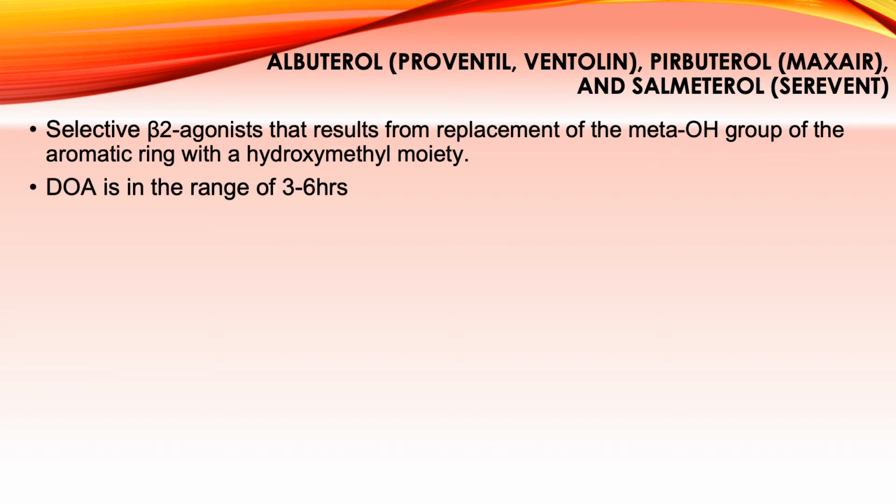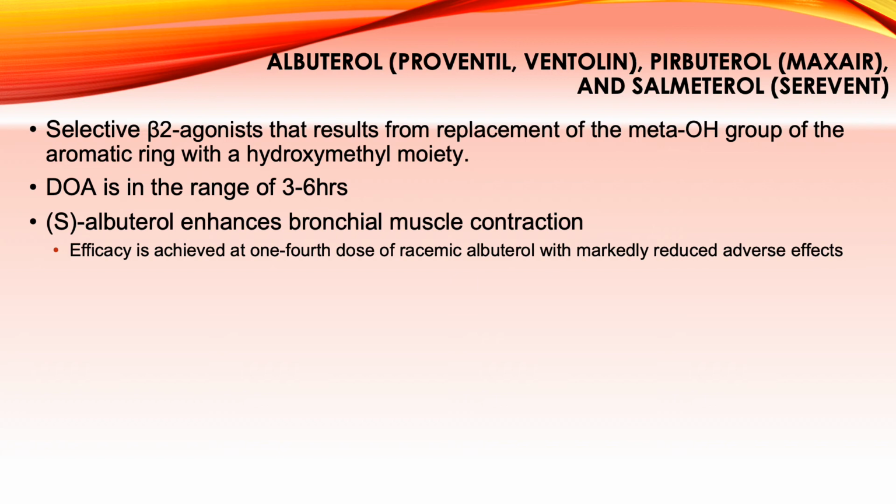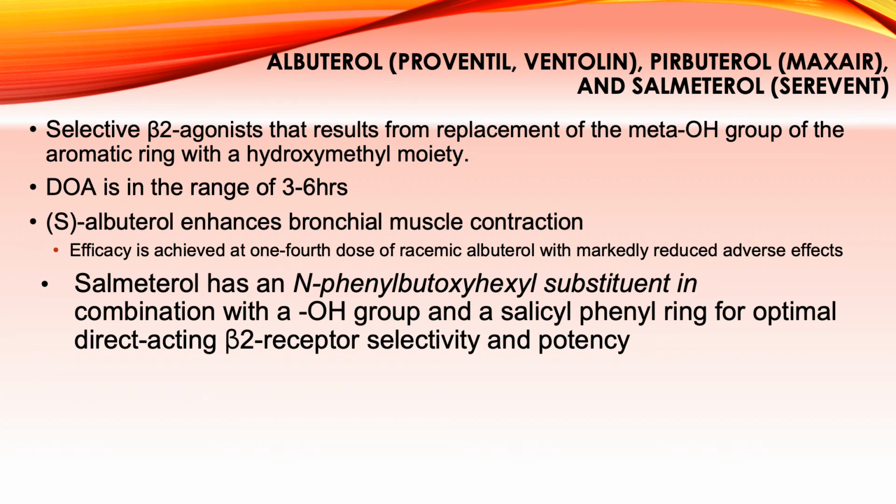These three commonly have a duration of action that ranges from 3 to 6 hours. They act on bronchial muscle contraction, and have optimal direct acting beta 2 receptor selectivity and potency.